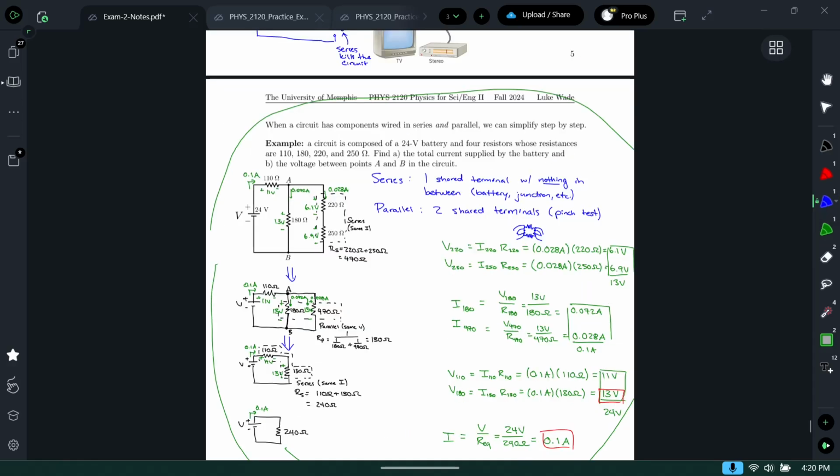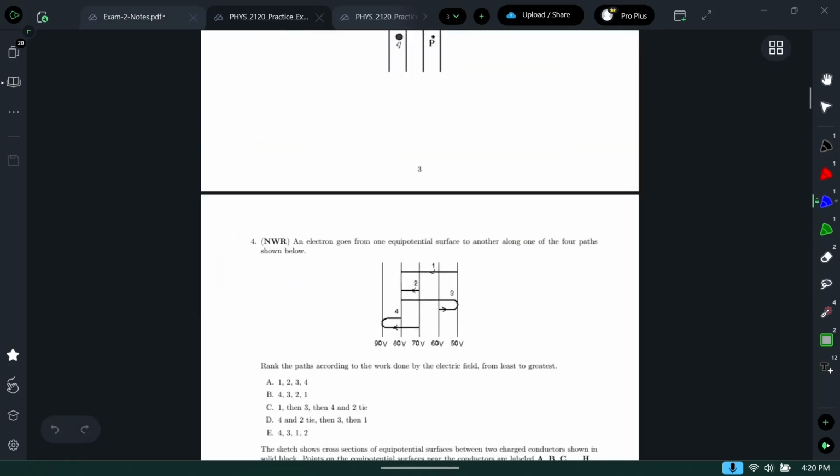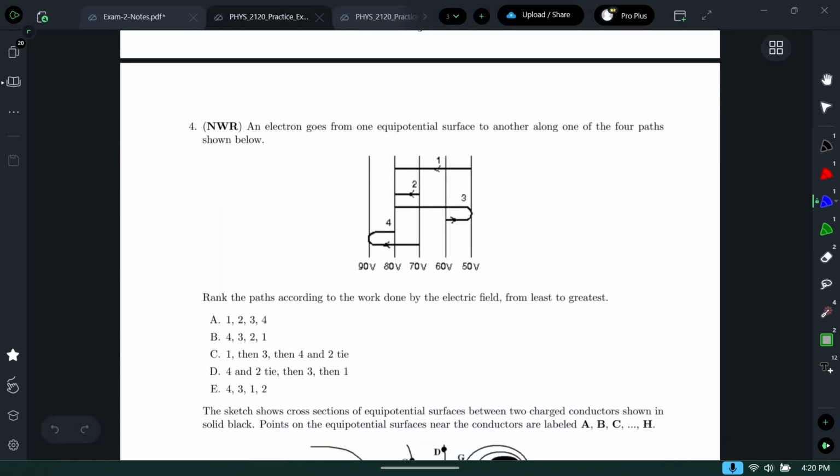I have a question on the exam review on number 4. Okay, let me see. I remember seeing it on one of the assignments, I can't remember if it was the graded practice or the homework. This one right here? Yes.